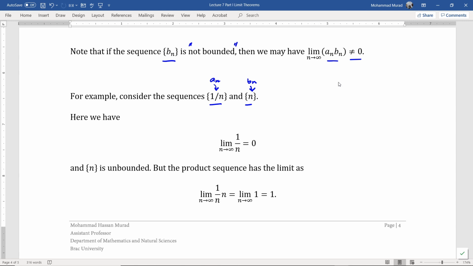Here we have the limit of a sub n, meaning 1 over n, equals 0, but the sequence of n's is unbounded. And the product sequence has limit 1.